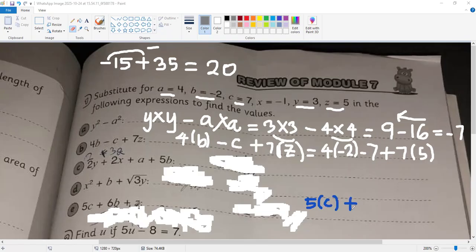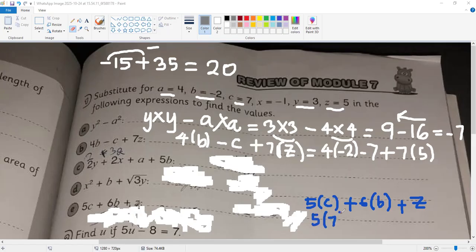Then plus 6B means 6 times B. Do we get that? Plus Z. Okay, so 5 times C. What is the value of C? C is 7.